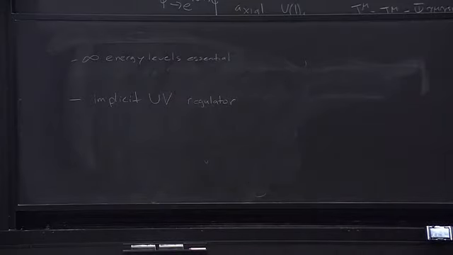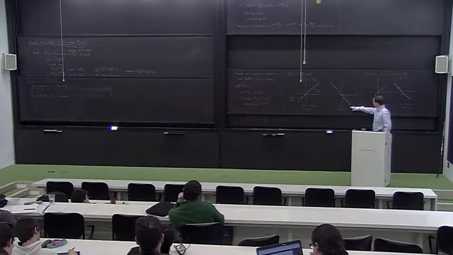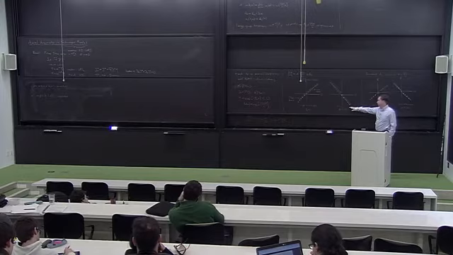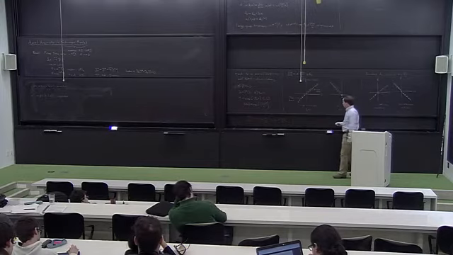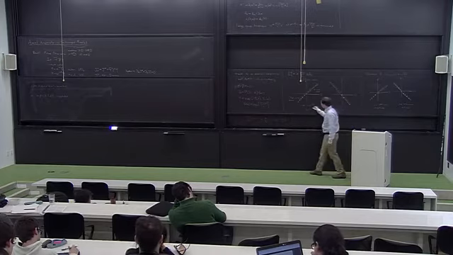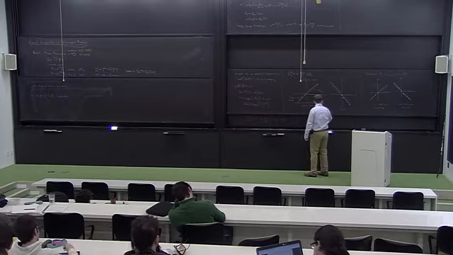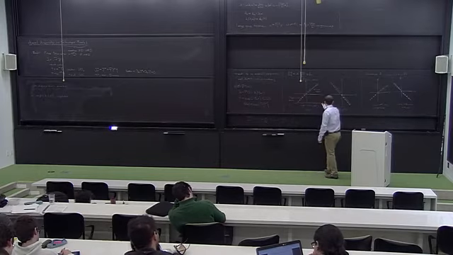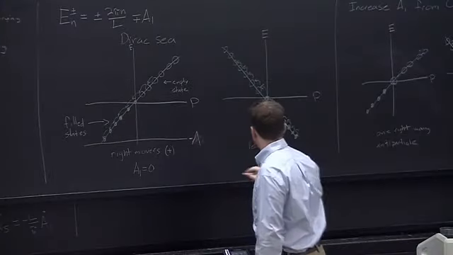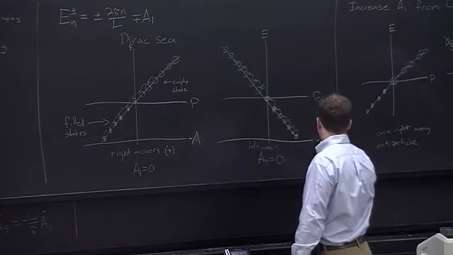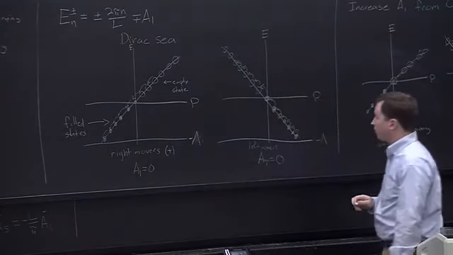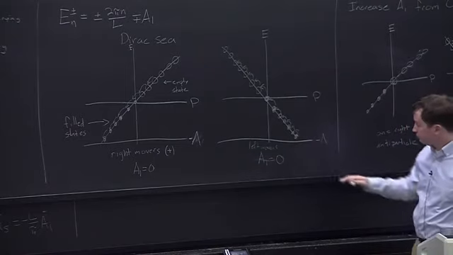So we assumed that at large negative energies, there was no change in the charge, the electric charge. One way to frame that is we could imagine putting a cutoff at minus lambda on the spectrum.